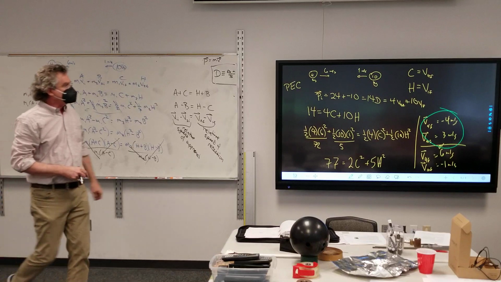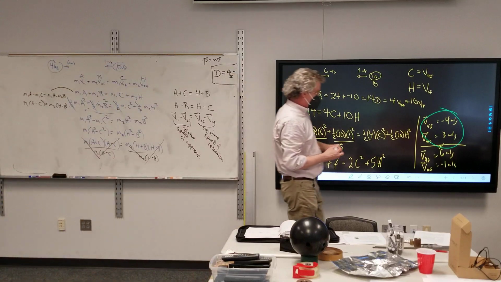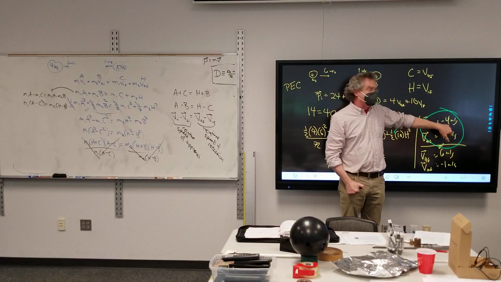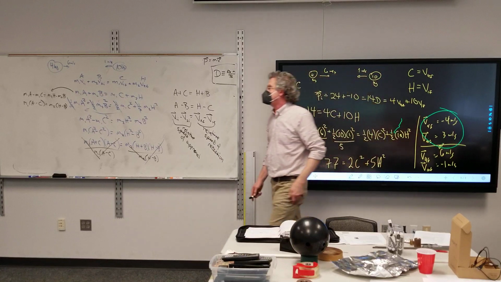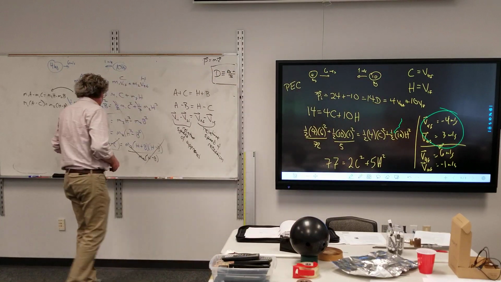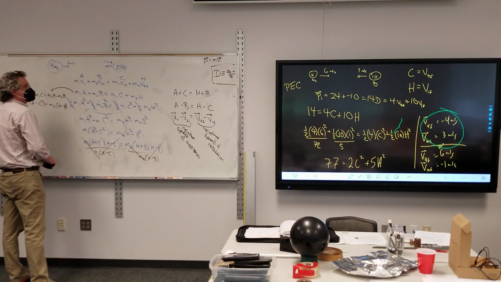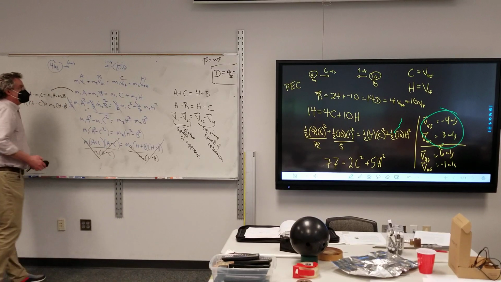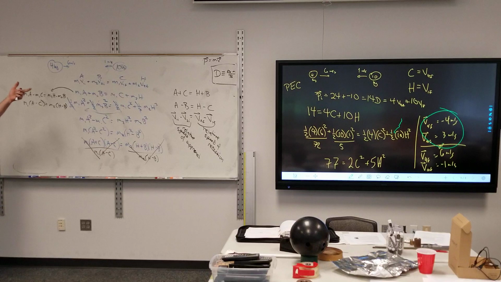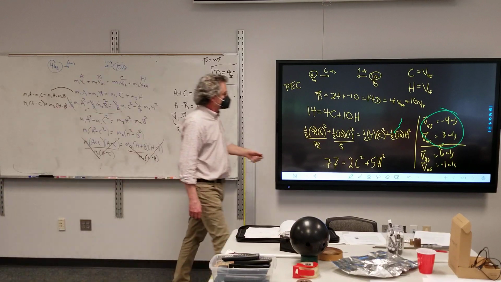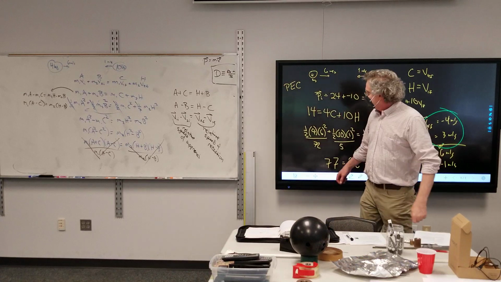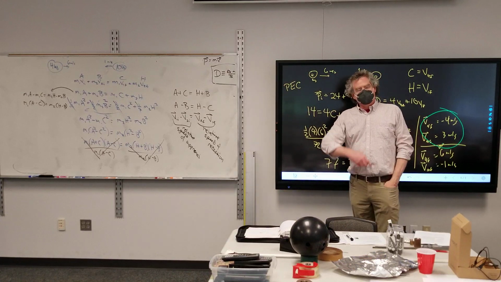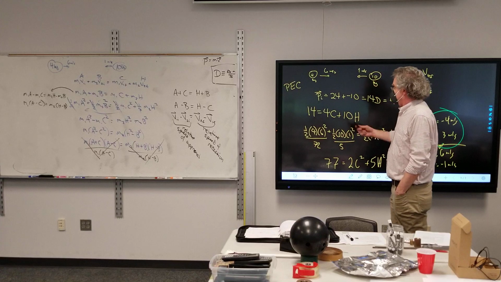Well, we had -4 and 3, so it would be 3 minus -4, which is also 7. What this gives us is, basically, we're bypassing the quadratic formula.